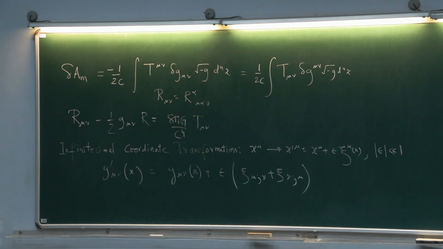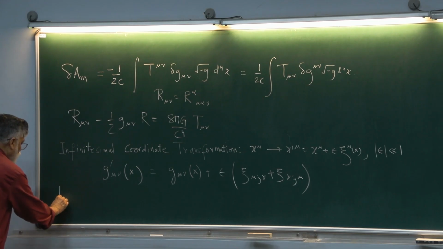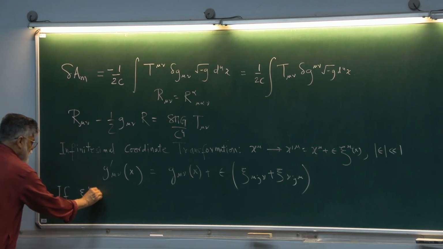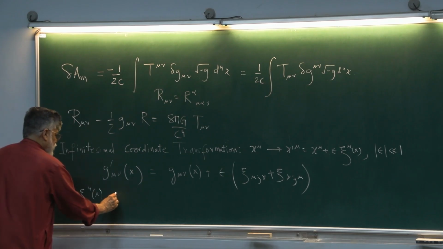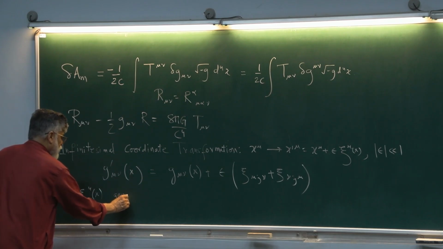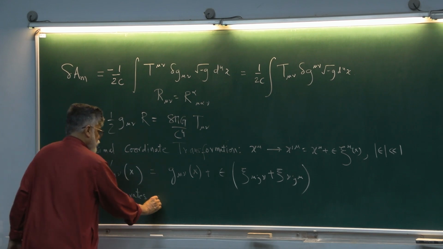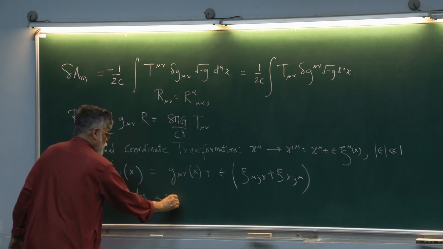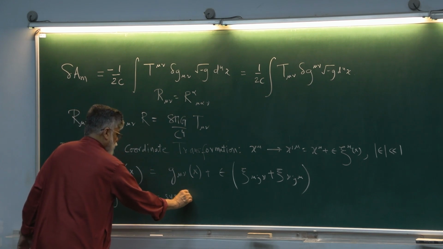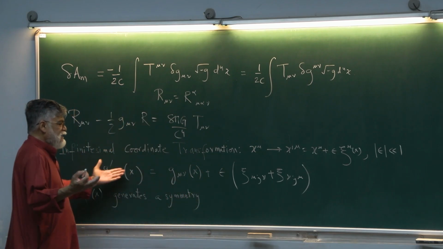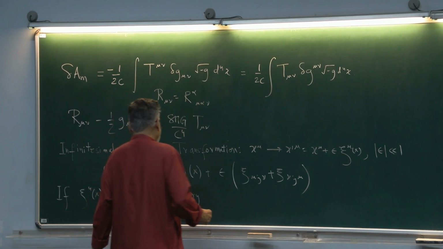So if there is a space-time symmetry, if xi mu generates a symmetry, meaning thereby that the new metric function is the same as the old metric function.